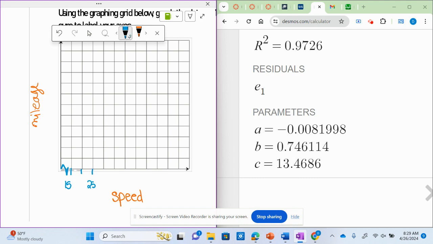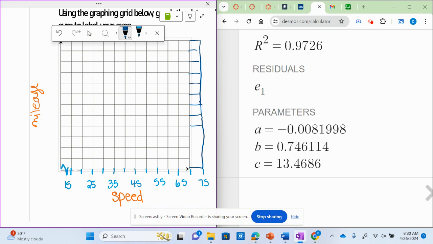I'm not labeling every single one because it's going to get messy. 30, 35, 40, 45, 50, 55, 60, 65, 70, and 75 goes right off my graph. One whole grid. So I actually just took my grid and I extended it over one whole box like that. Do you guys see what I'm doing?